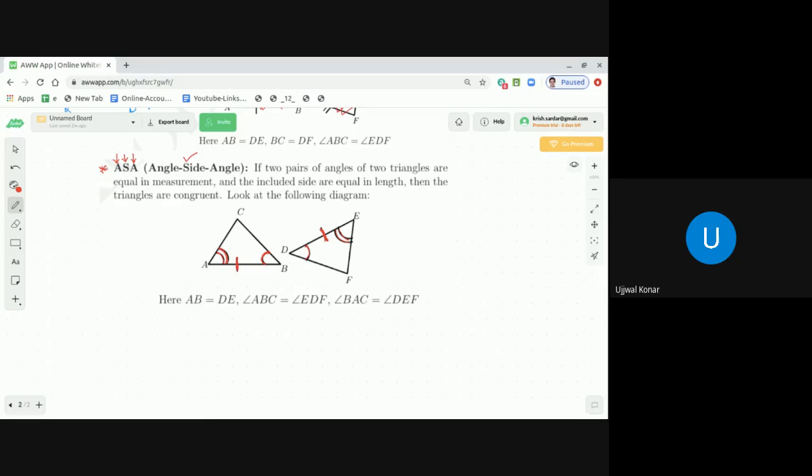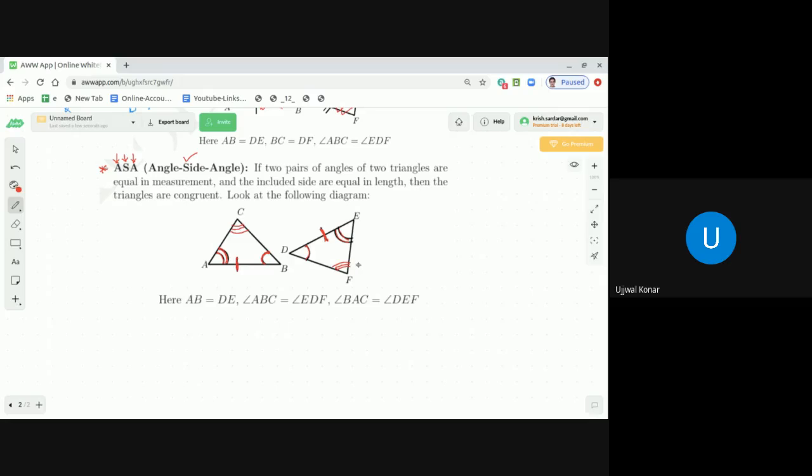But if you see these two triangles, all the angles are equal, all the sides are equal. What can you conclude? You can conclude definitely that the angle C has to be equal to the measurement of the angle F, 100%. And the other two corresponding sides also have to be equal in length.